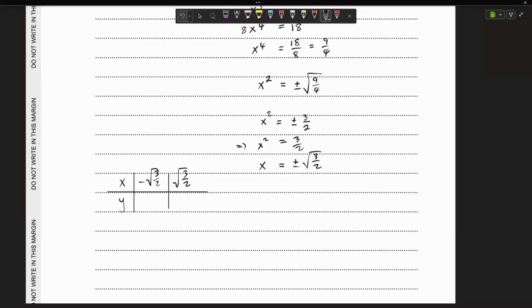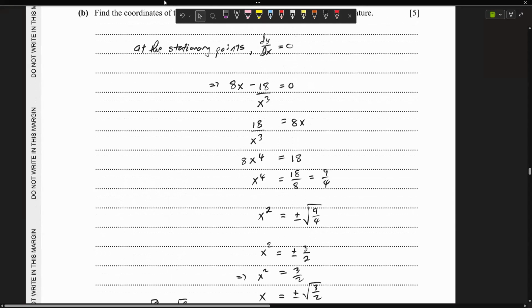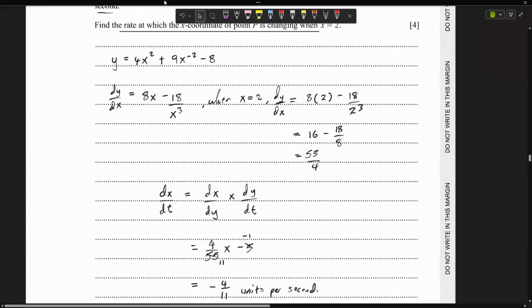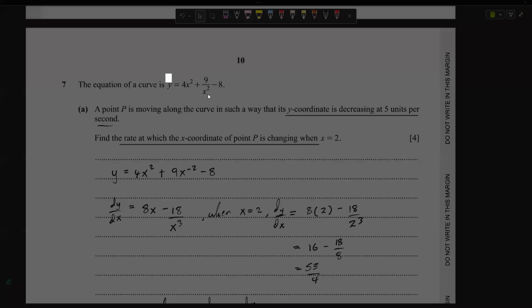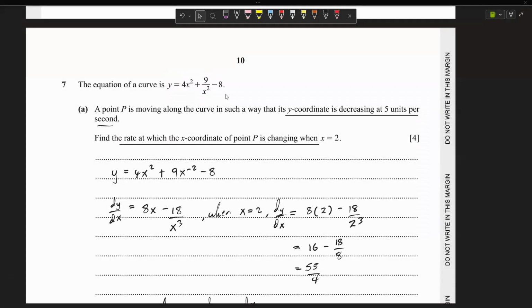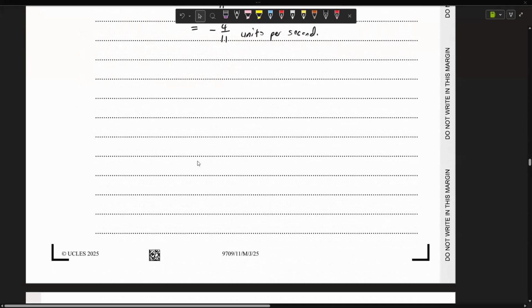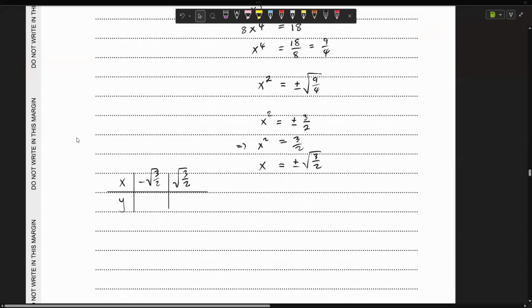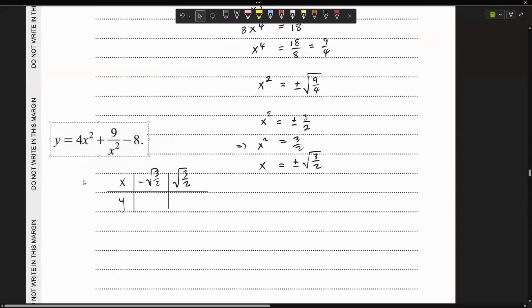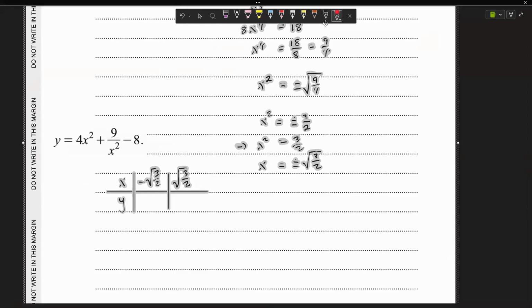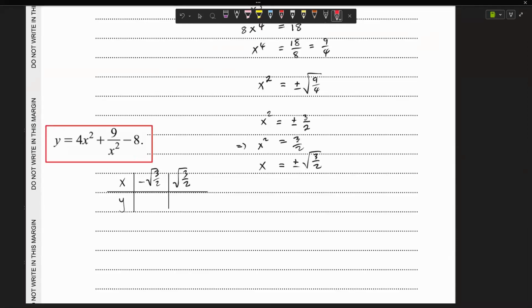All right, and we have to substitute that into one of the equations. Let's use the original equation actually. So I'm going to take the original equation, which is this one here, and we're just going to place it down here so that we can substitute. So this is the original equation, which we're going to use to get the corresponding y values.